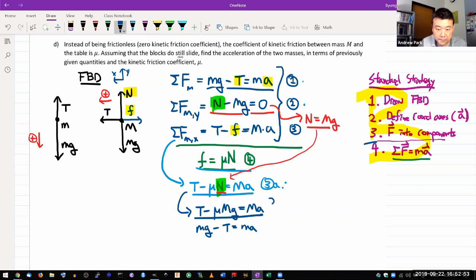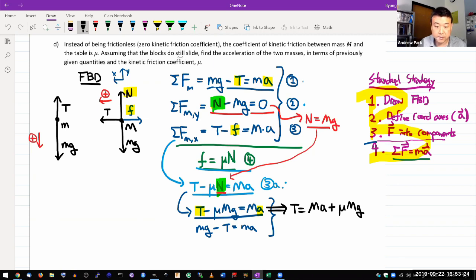Here now I have two equations and two unknowns, similar to part A. So I'm going to do the same thing I did in part A, with a small difference being neither of these are solved for tension, so I have to solve one of them for tension. I think before it was this equation that was already solved for tension, but now I have to move the other term over so that I have mass times acceleration plus mu mg.